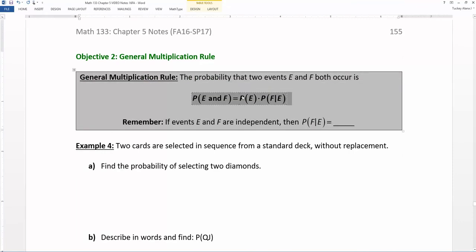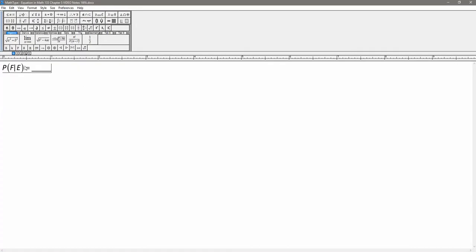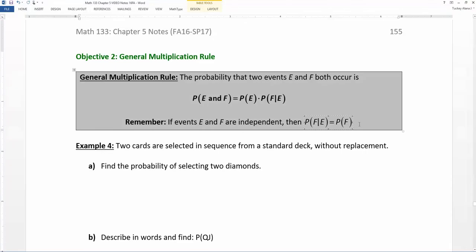So the probability that events E and F both occur, the probability of E and F, is equal to the probability of E times the probability of F given E. Now remember, if they are independent, then the probability of F given E is equal to the probability of F, which means that this rule is equivalent to the one that you already learned in section 5.3.